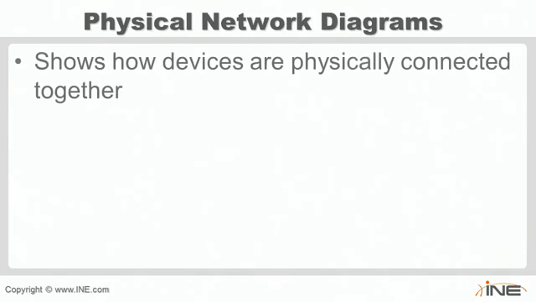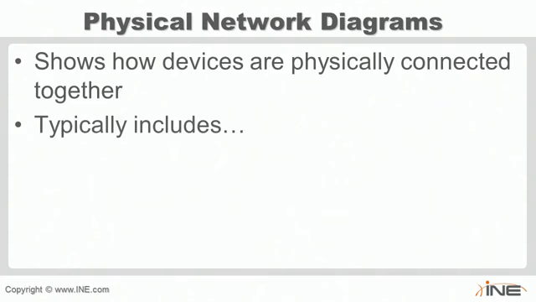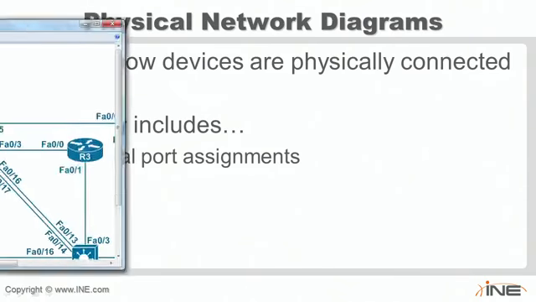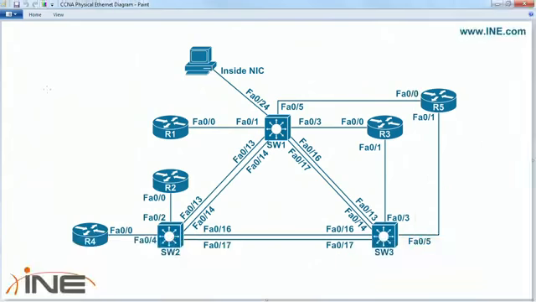So again, the physical one mainly shows how the devices are plugged in, how they are cabled together. So from here you would want to know what the names of the ports are that connect the routers. I have an example of what the topology that we're going to use this week looks like, which shows the 3 switches, the 5 routers, and then this test PC that we're using.